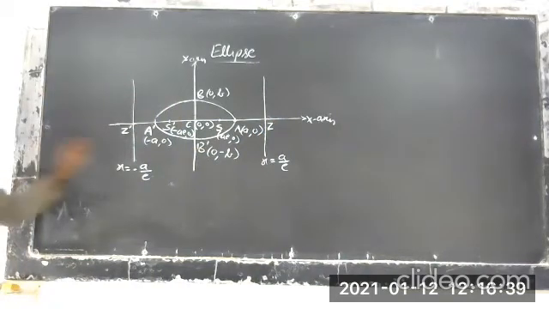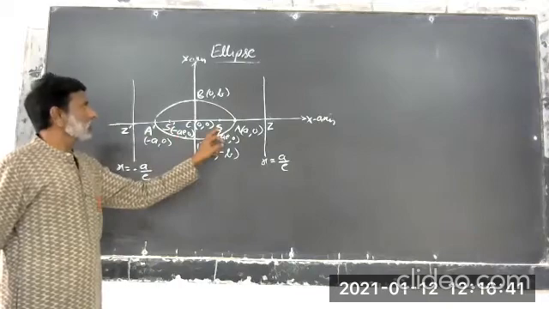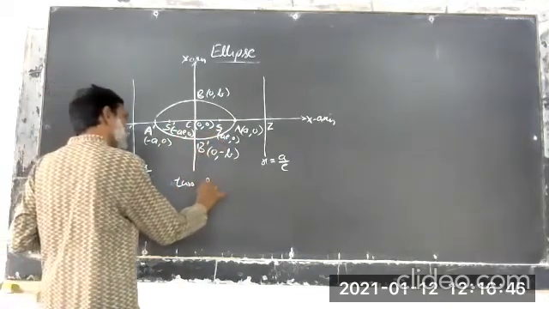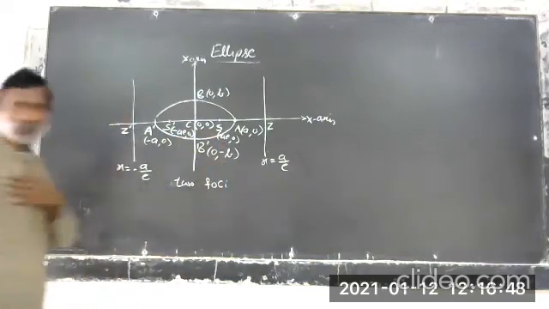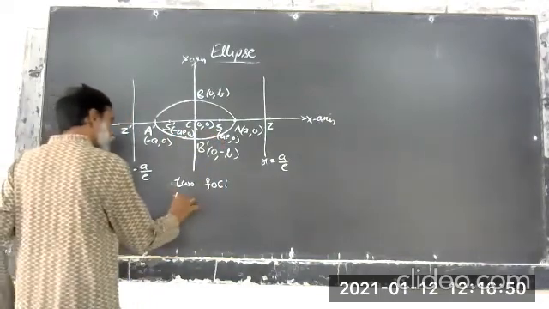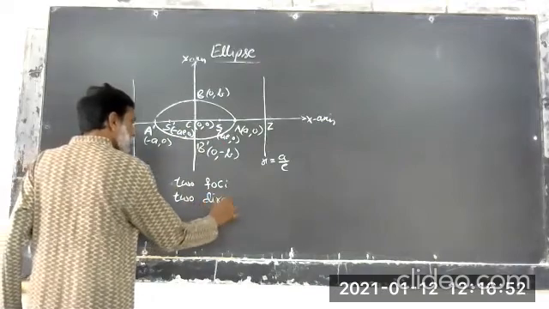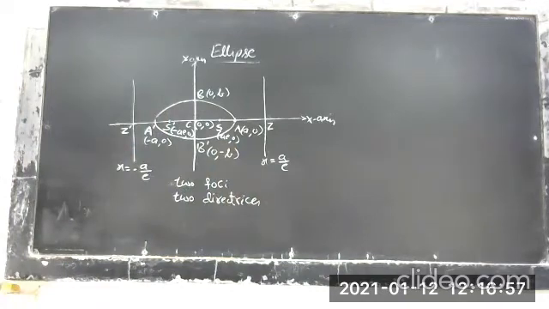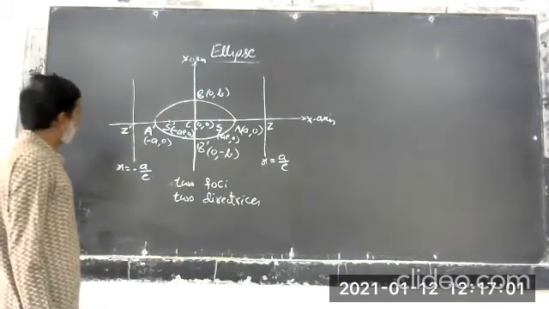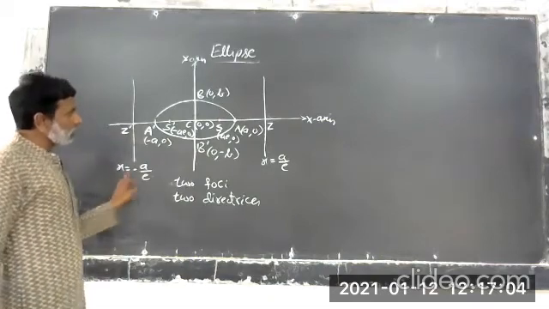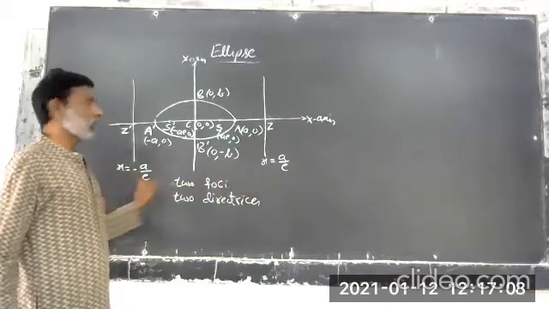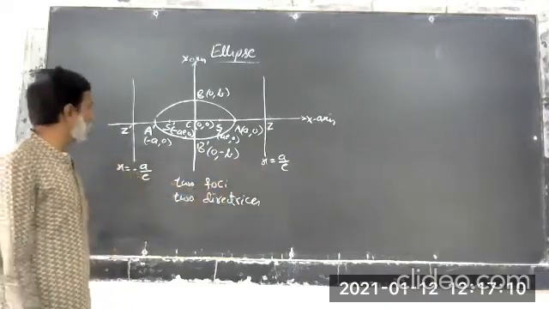Now, we could see in this ellipse there are two foci and two directrices. We could write the equations of the directrices as x is equal to plus or minus a upon e.